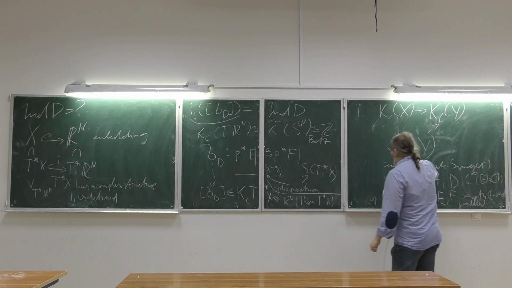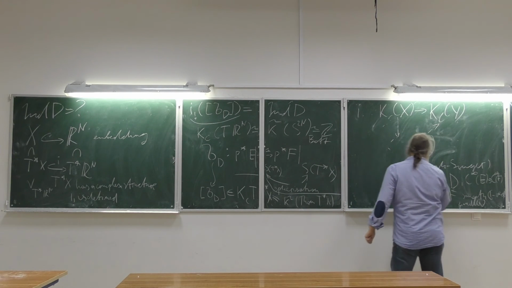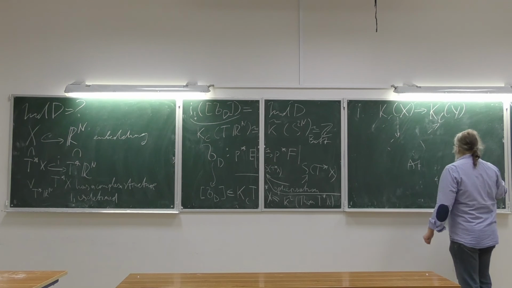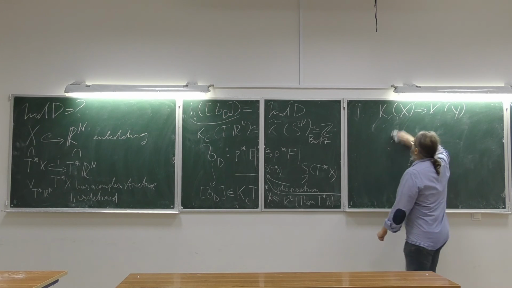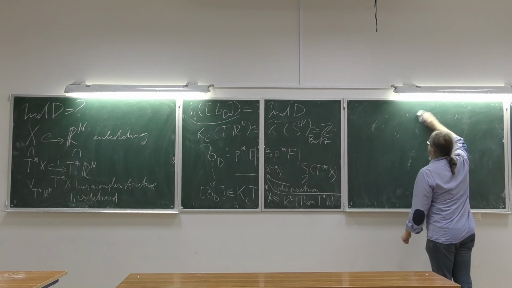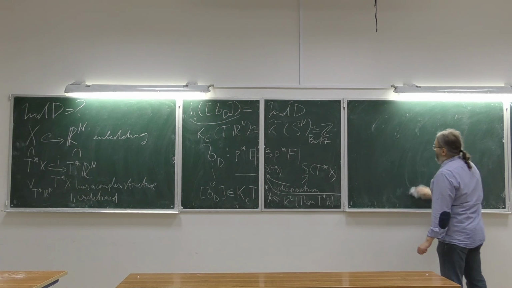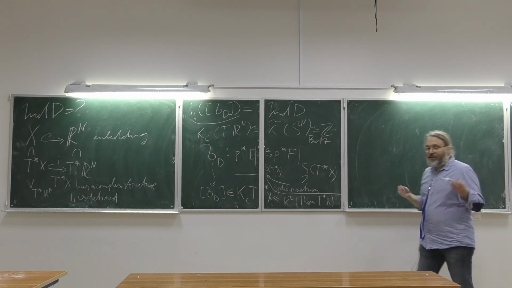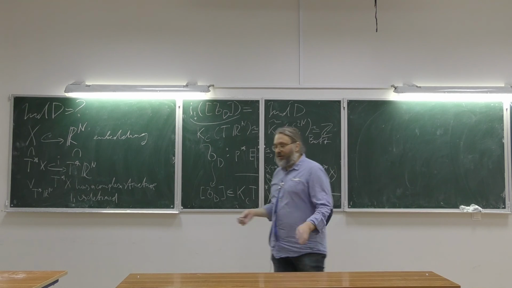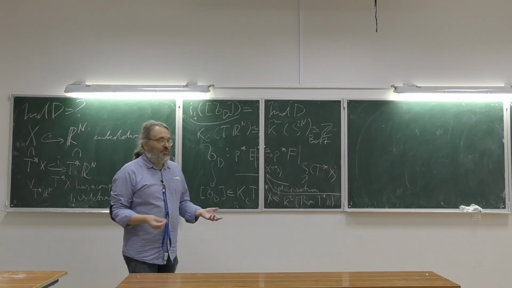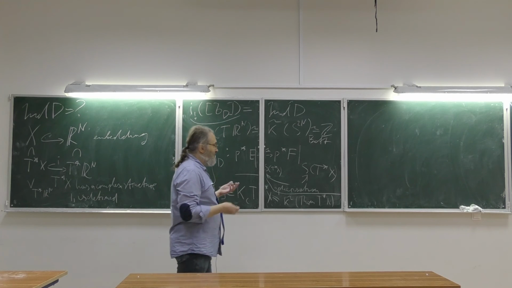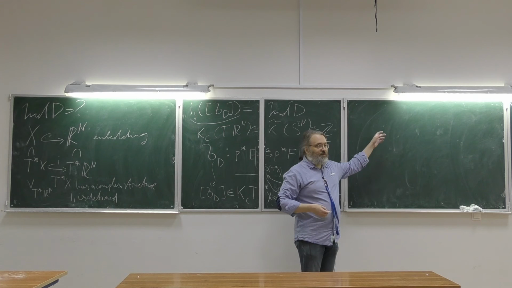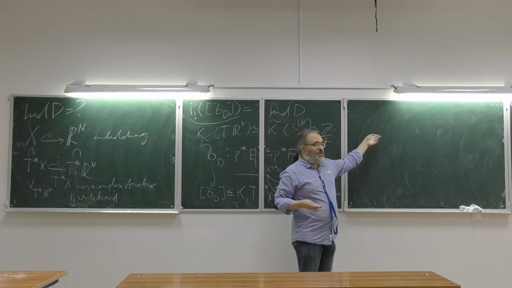Okay. I will draw some diagram, and basically the idea is there is a map from K-theory to cohomology, which forgets everything about torsion, but which is still useful for our purposes, namely the Chern character.